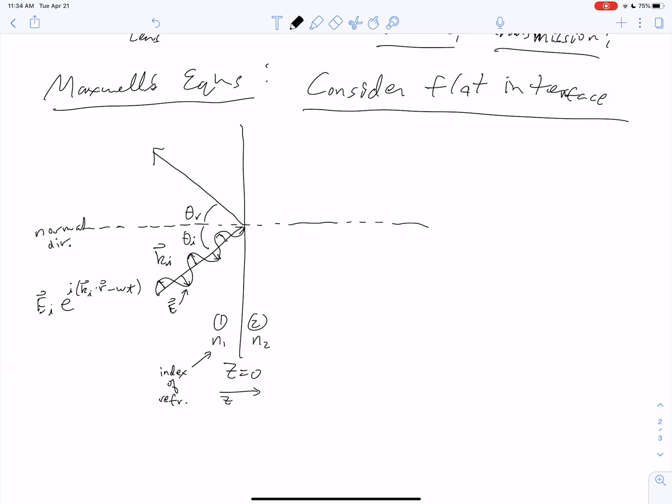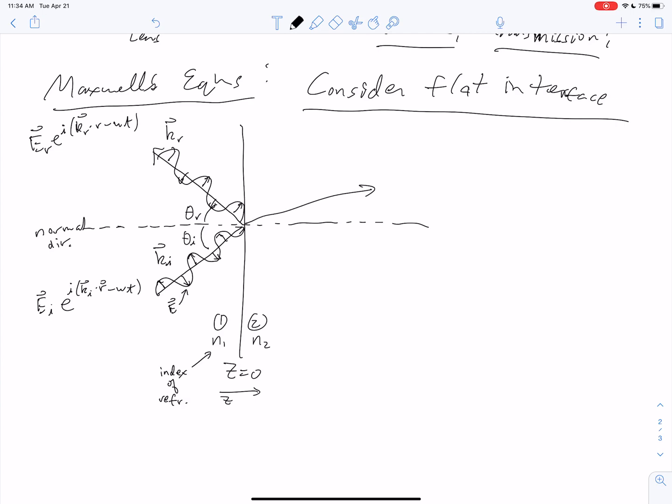And then here's my reflected wave. There's some reflected wave, coming out with some wave vector, k reflected. And then the reflected wave is E_R, e to the i (k_R dot r minus omega t). That's my reflected wave. And then there's a transmitted wave.